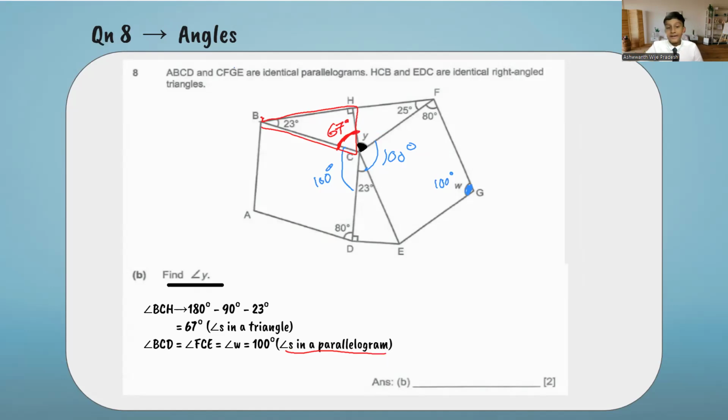Then finally, we will use the property of angles at a point by taking 360 degrees minus 100 degrees minus 100 degrees minus 67 degrees minus 23 degrees to get 70 degrees, because of angles at a point. So this is your answer for this question, 70 degrees. Now let's move on to the next question.